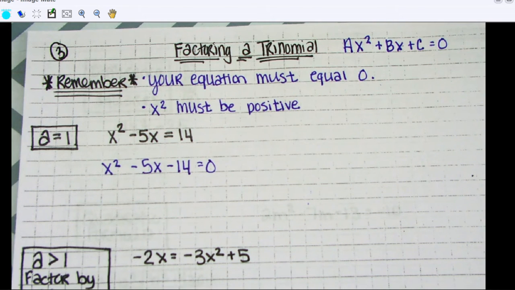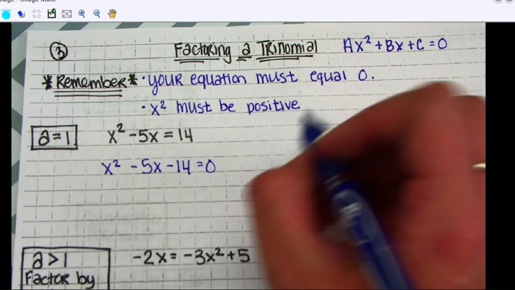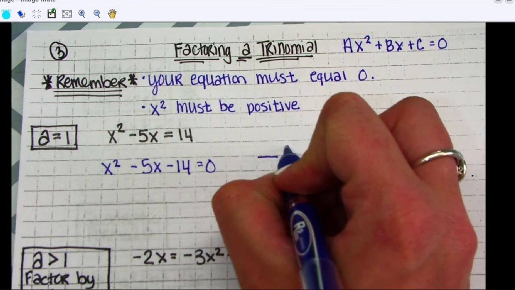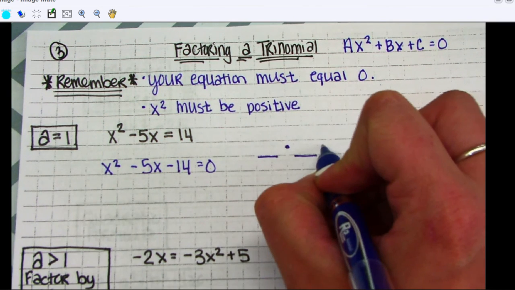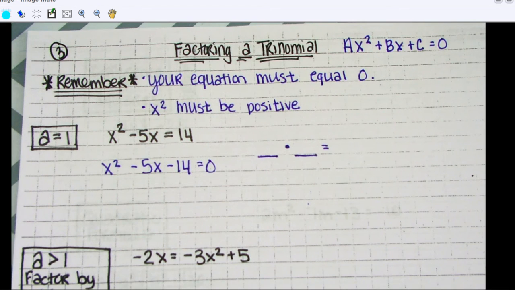Remember, factors are just where the equation or graph crosses the x-axis. So what should I do? And then whenever you get, in this case, 14, you find the two numbers that will multiply to 14. And also add to the negative. So that's called the AC method.